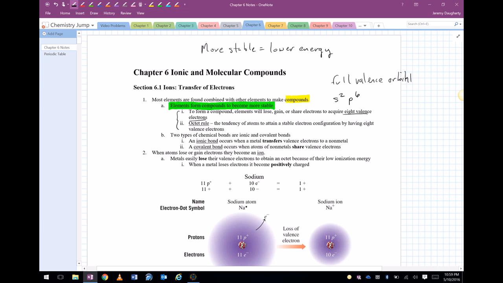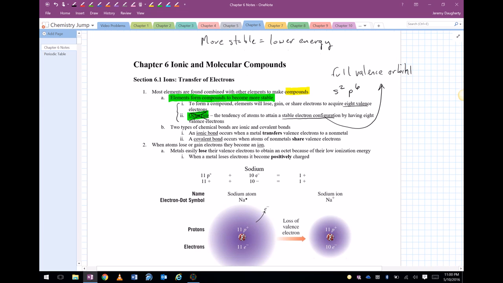So it's actually better to say that elements will lose, gain, or share electrons to have a full valence orbital, s2p6. Now, this has been called the octet rule, but you never want to cite the octet rule as a reason why. What you want to cite is a stable electron configuration by having a full valence orbital, s2p6.